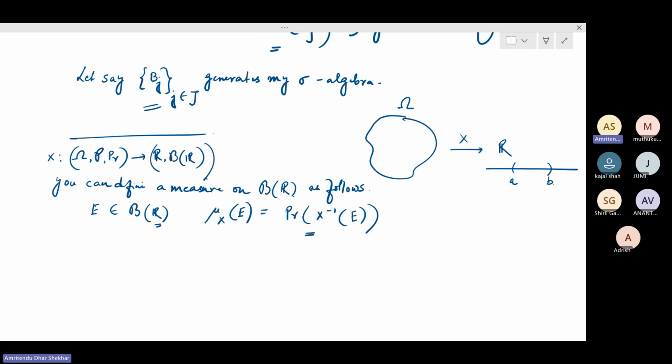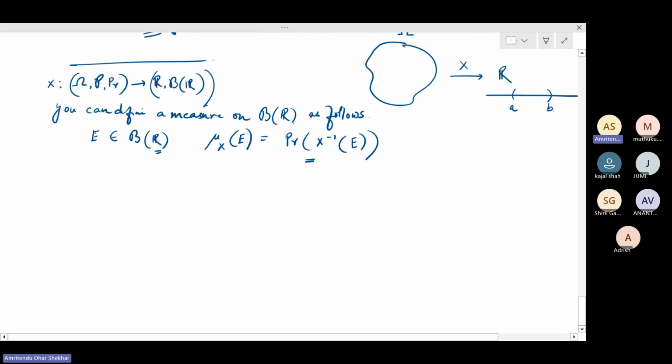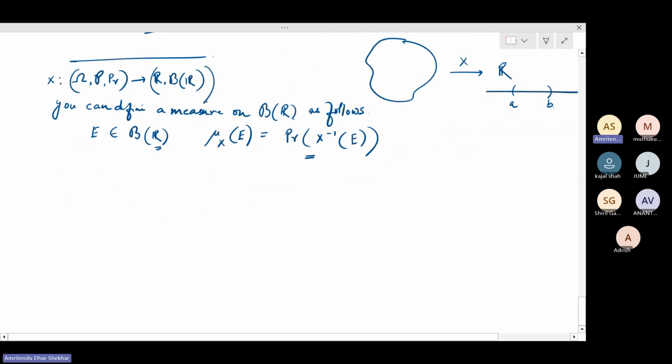So in other words, let us actually take a real example. The example that we're going to talk about is as follows. Let's say n coins are tossed independently.